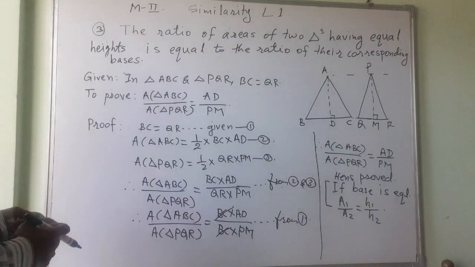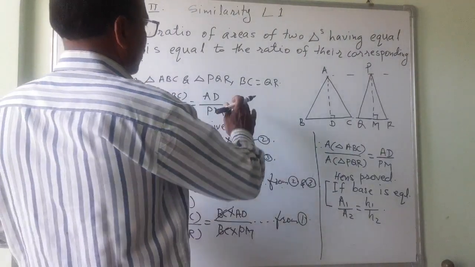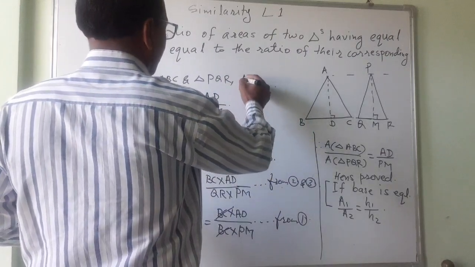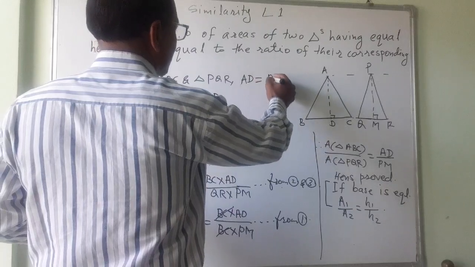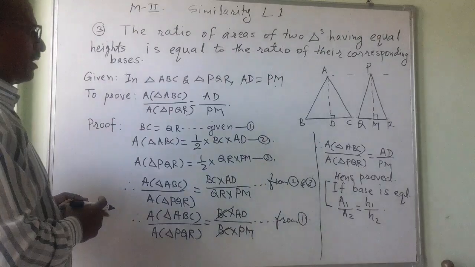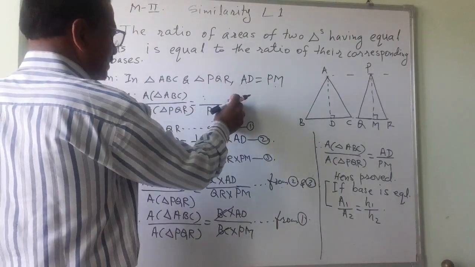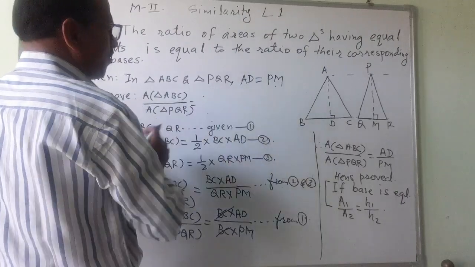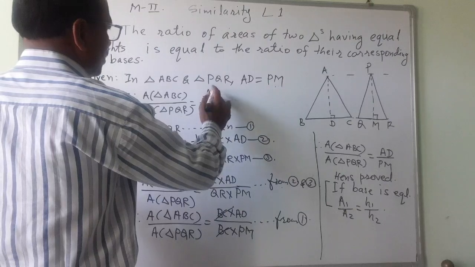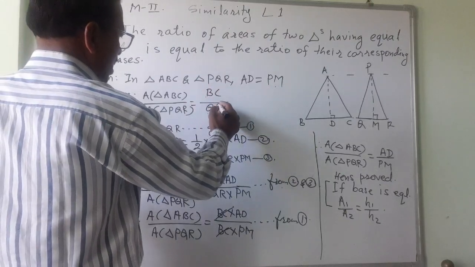So the same way we can go. Given, in triangle ABC and PQR, AD is equal to PM. Here AD equal to PM, the same theorem. So to prove, heights are same, therefore the ratio of their areas is the ratio of their corresponding bases, BC and this will be QR.